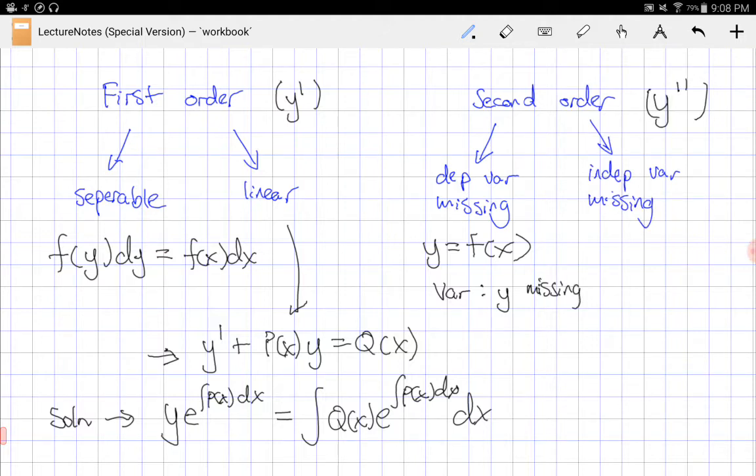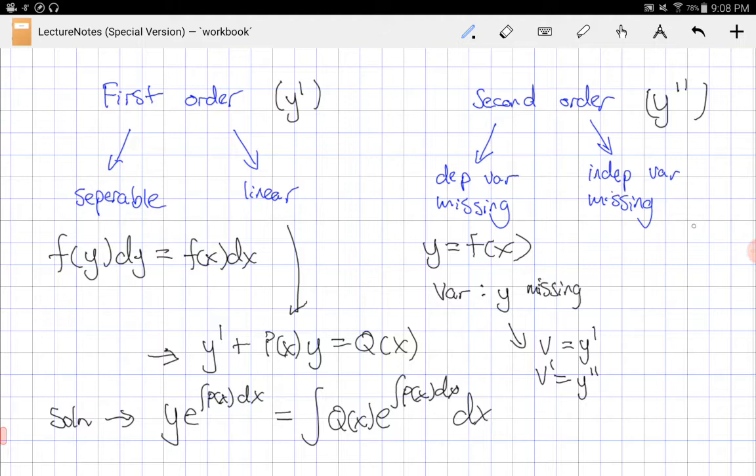To solve these types of equations, we make a substitution such that v equals y prime and v prime equals y double prime.